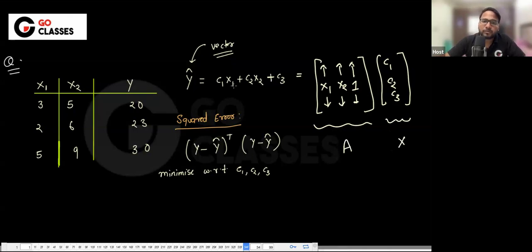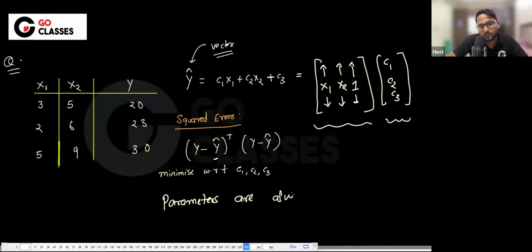But I hope this is okay to everyone, that what we are doing, we are finding the predicted value. This is the predicted value and actual value, and the squared error is this, and we want to find out the minimum of this squared error with respect to the parameters which are always hidden in the predicted value.